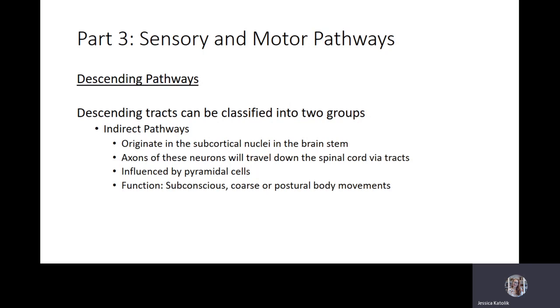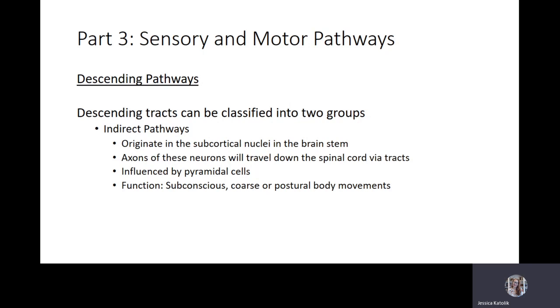Now, after more research, we understand that axons from the pyramidal cells will actually project into these subcortical nuclei and have some sort of influence on these pathways. So the motion may not be directly coming from the cerebral cortex, but the cerebral cortex has the ability to influence the actions of these pathways. So just FYI.